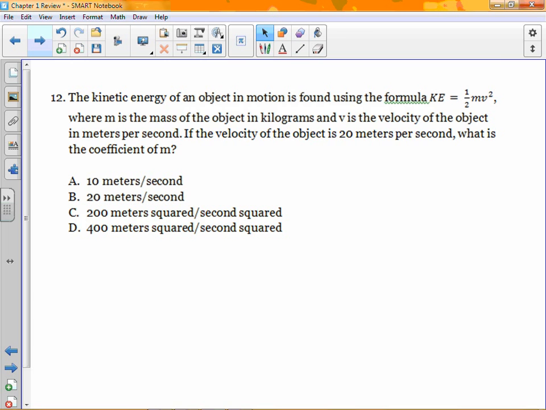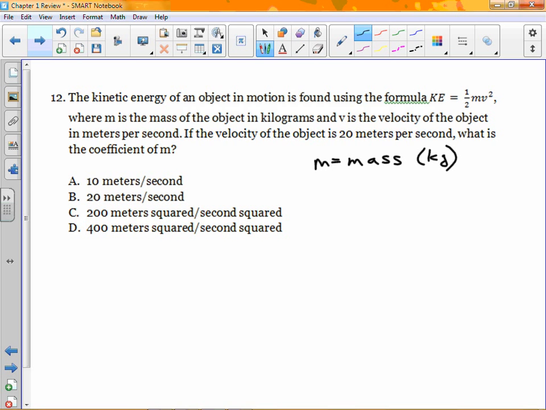Where m is mass in kilograms, and v is the velocity in meters per second. If the velocity of an object is 20 meters per second, what is the coefficient of m?